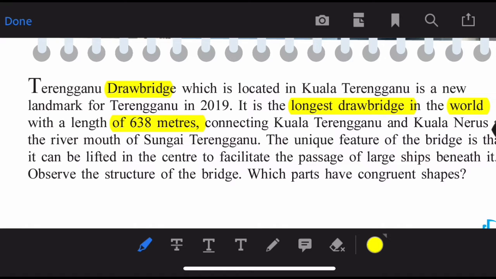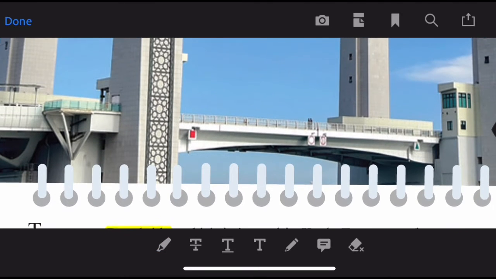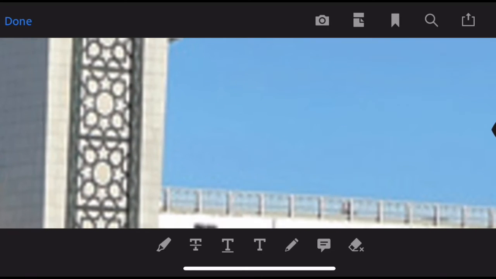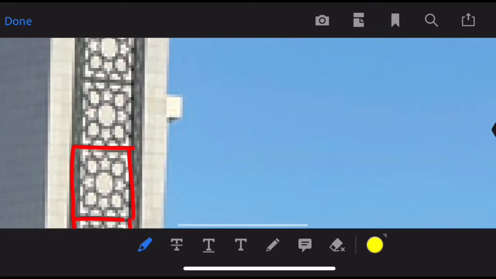The unique feature of the bridge is that it can be lifted in the center to facilitate the passage of large ships beneath it. Observe the structure of the bridge, which parts have congruent shapes. Let's observe. You can see the congruent design here, right? This one looks congruent. The pattern is congruent, right?